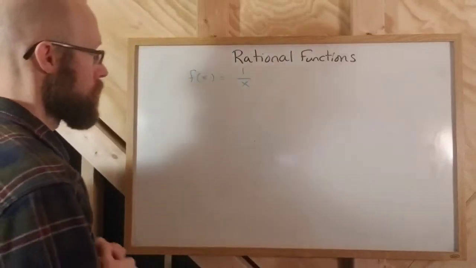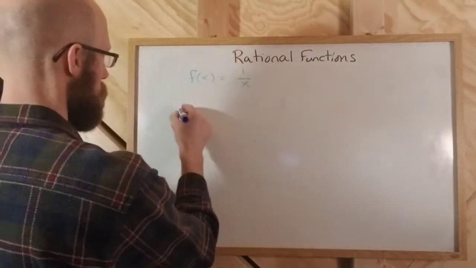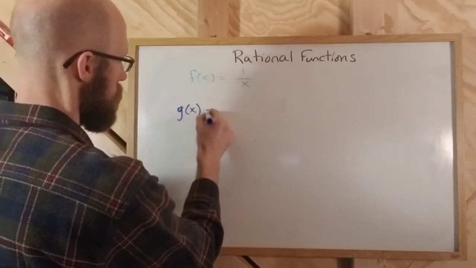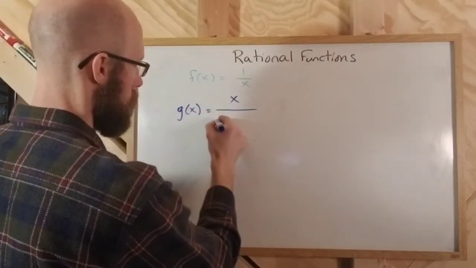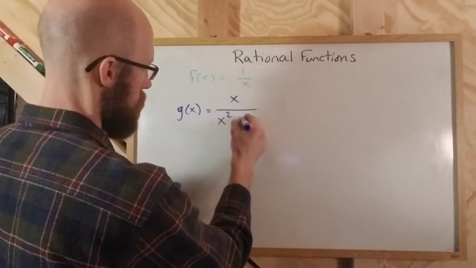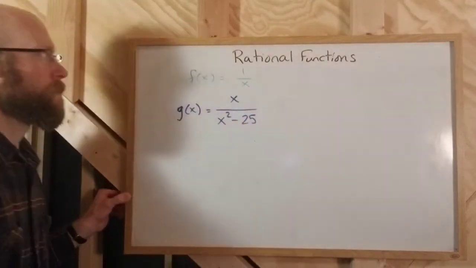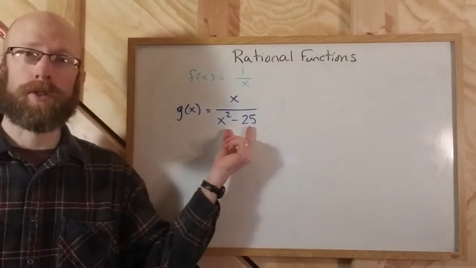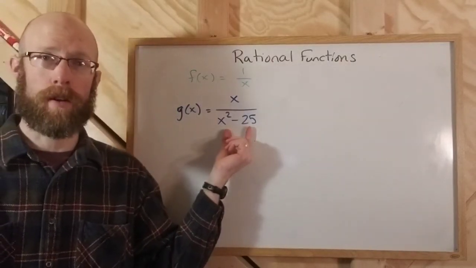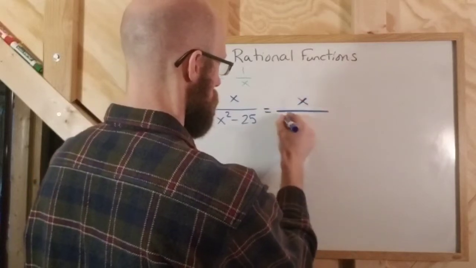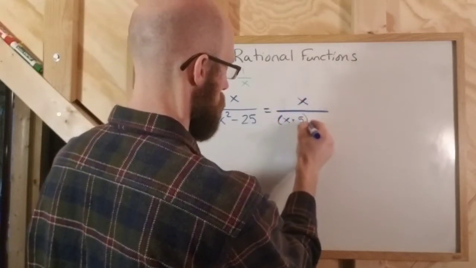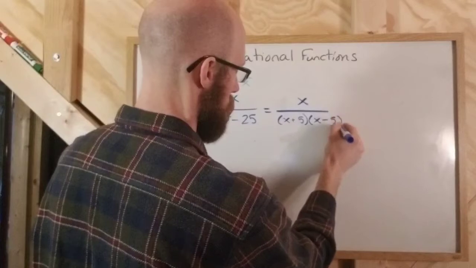So if I had a function, let's call it g of x, equal to x over x squared minus 25, then here I have multiple zeros in the denominator. In fact, if I factor this, I get x plus 5 and x minus 5.